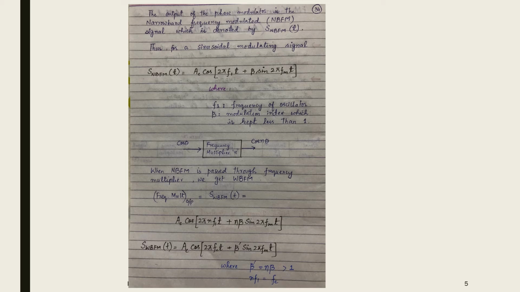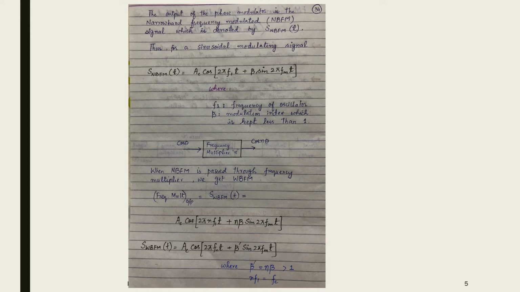So the equation will be A_c cos(2π n f1 t + n β sin(2π f_m t)). Here we represent n f1 with f_c, and β' is n β.